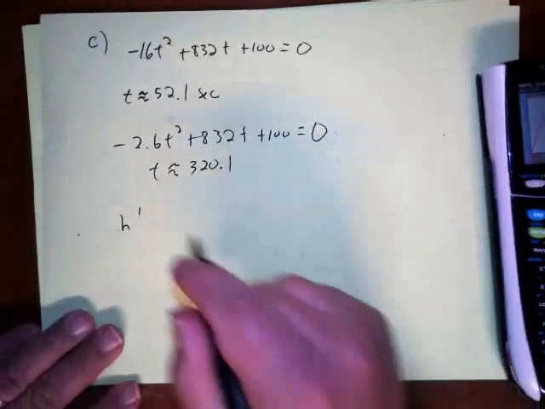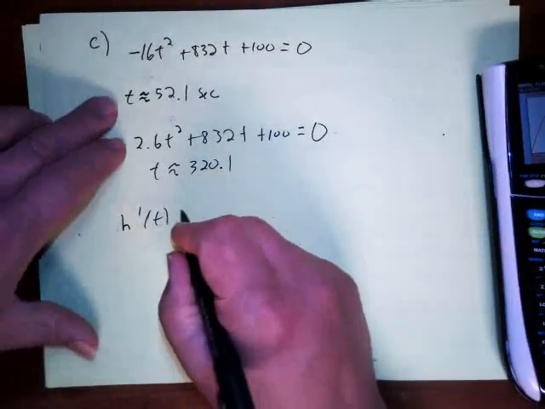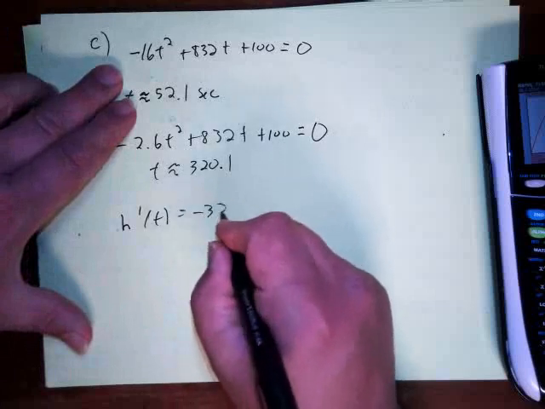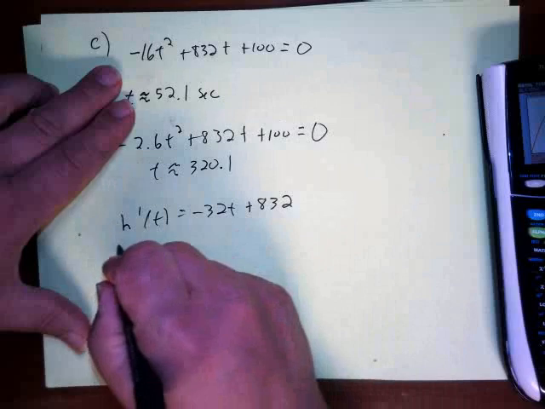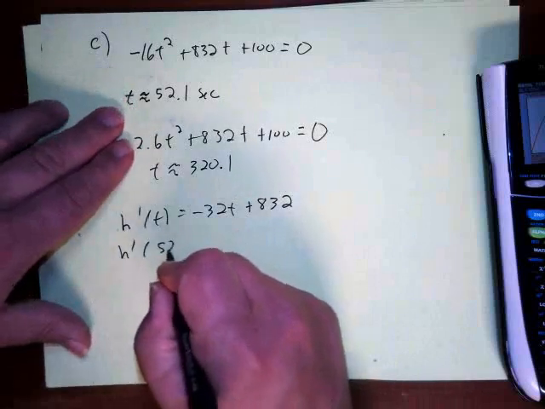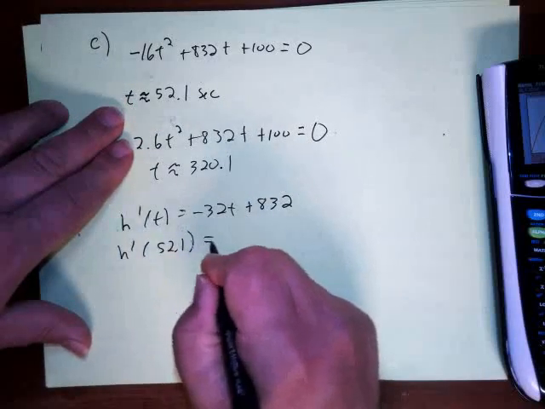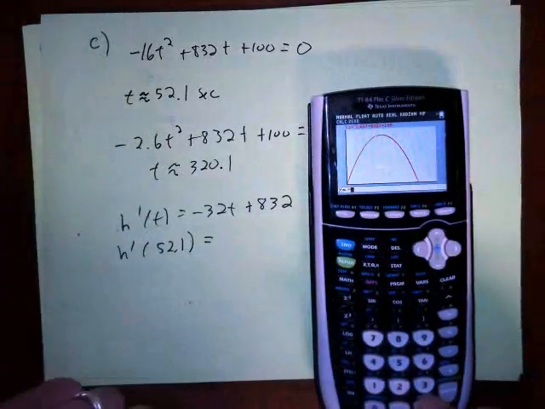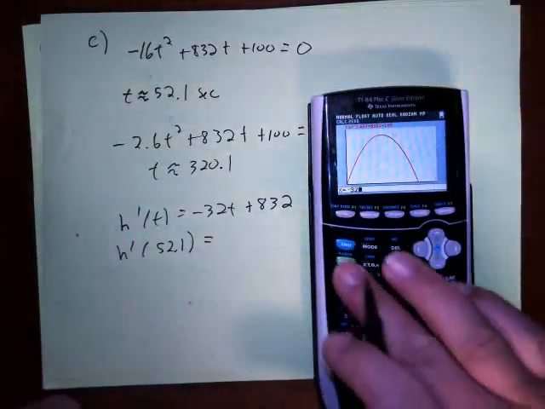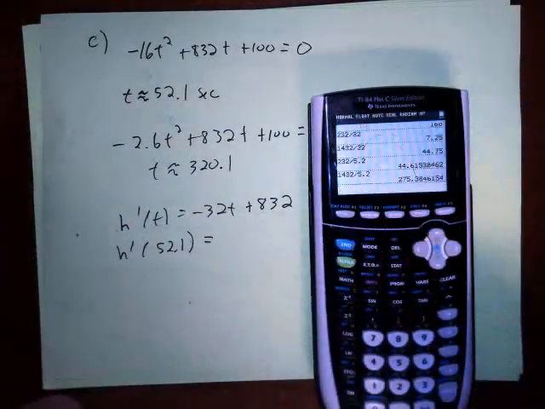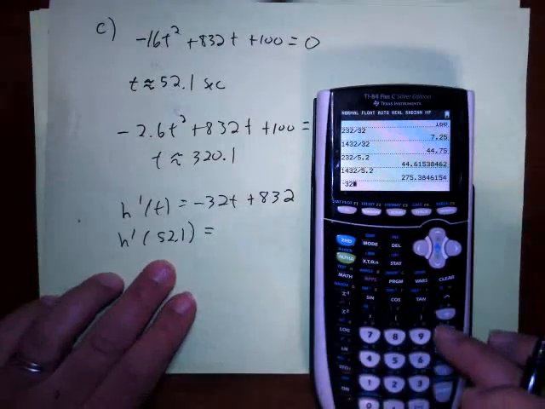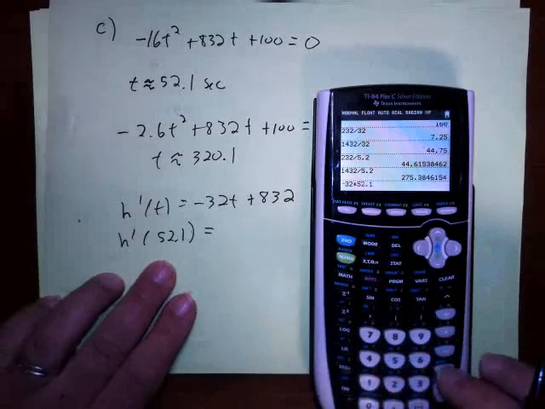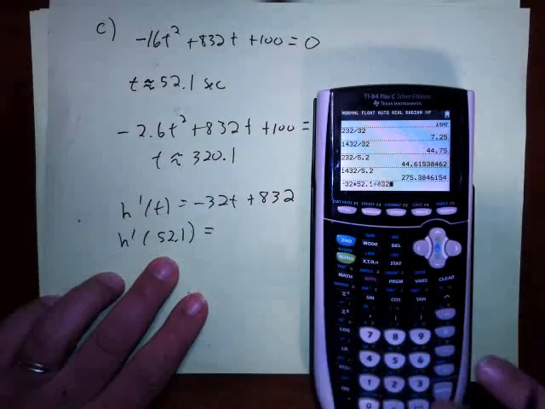So for the Earth, we're just taking the derivative here, which is negative 32t plus 832. And then I'm going to find the speed at 52.1 seconds, right? So negative 32 times 52.1 plus 832.